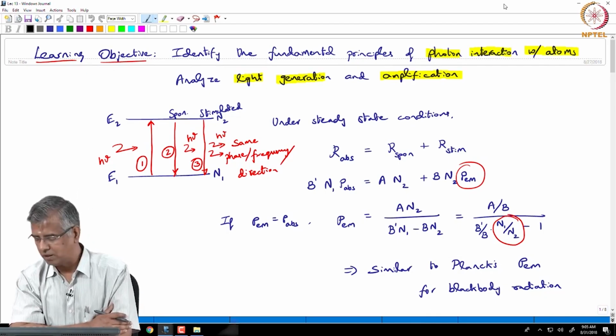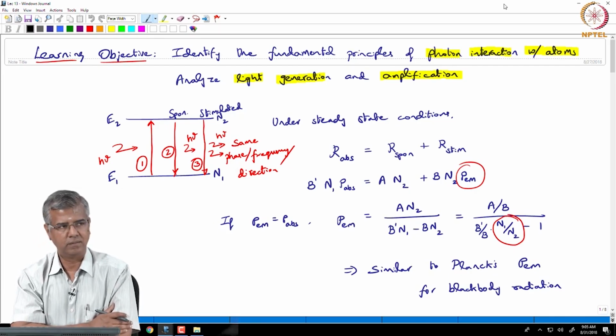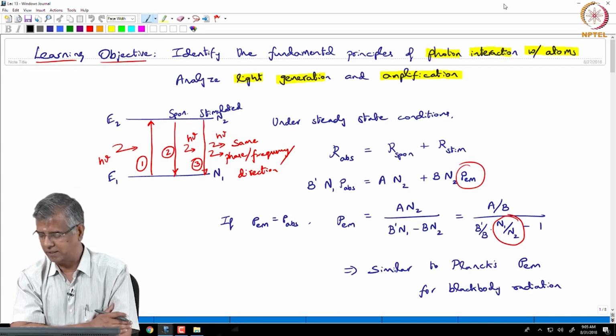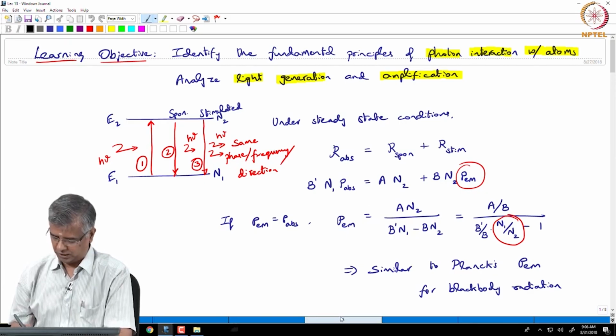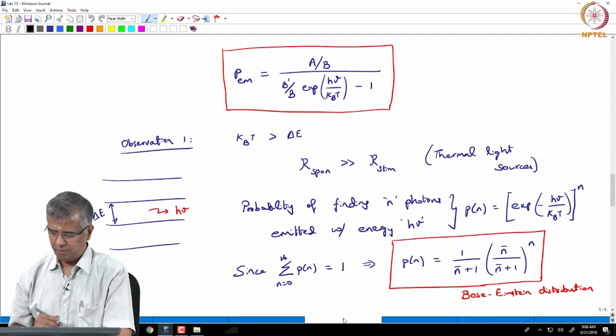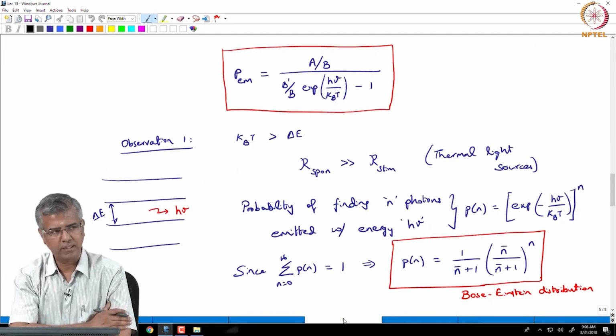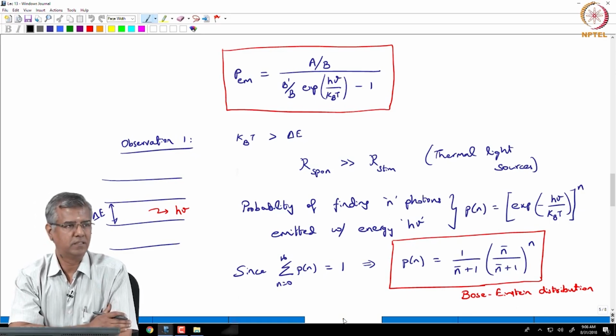So, you may think of it as the stimulated emission probability density, or the probability that stimulated emission should happen, and we came up with this expression. And then we were trying to look at specific cases, trying to make some specific observations.